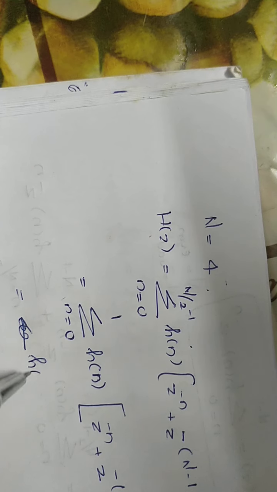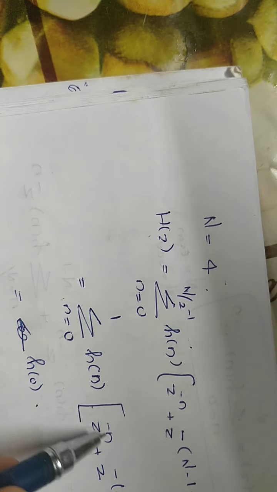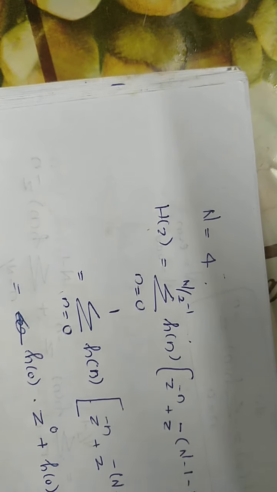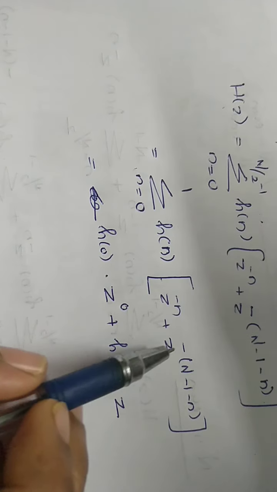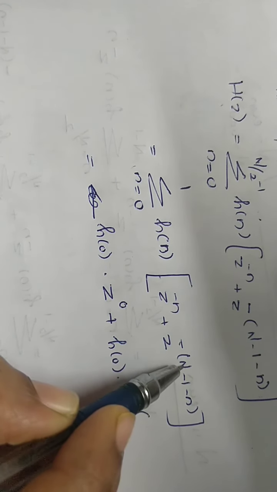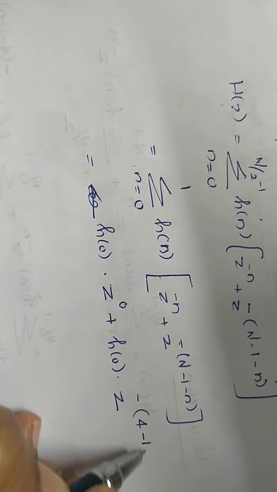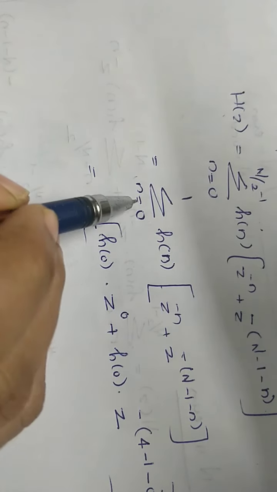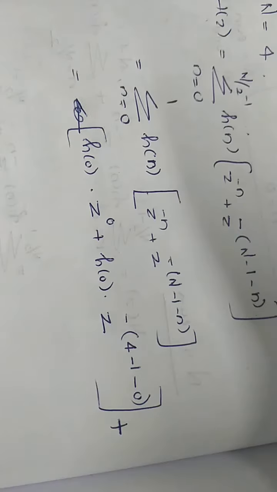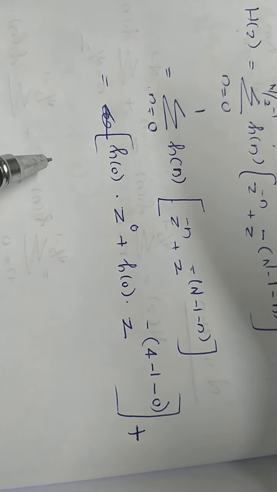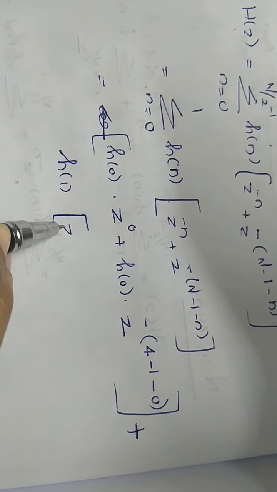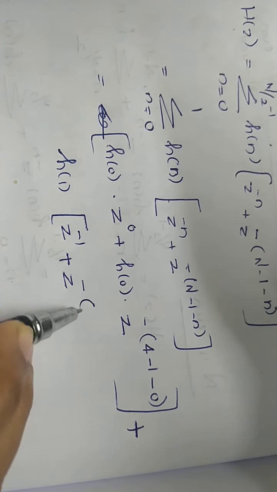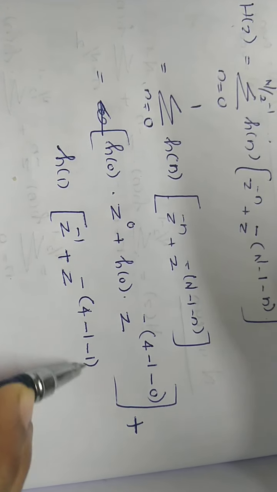That means h of 0 into z raised to 0 plus h of 0 into z raised to minus of capital N, 4, minus 1 minus 0. These are the values when n is equal to 0, plus when n is equal to 1, that is h of 1 z raised to minus 1 plus z raised to minus of 4 minus 1 minus 1.